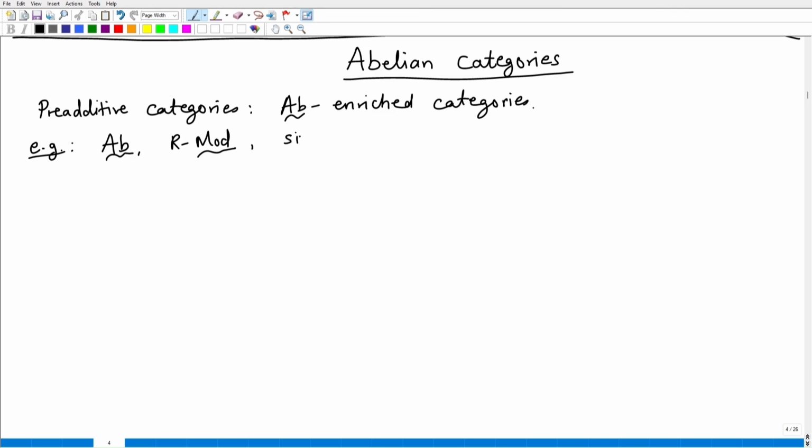Okay, what about a single object pre-additive category? Let's take a pause and think about it properly. Single object means we are given a category, let's say C, and then the endomorphisms of its object, C star star, form an abelian group.